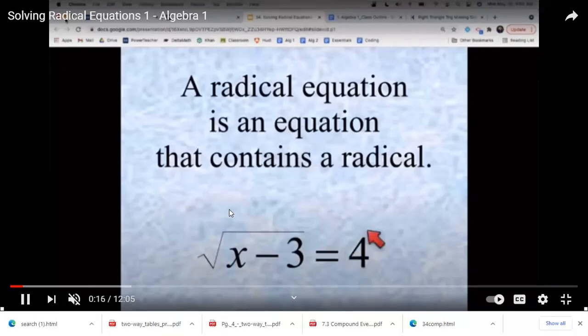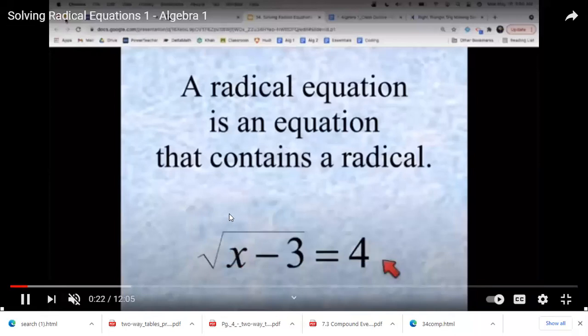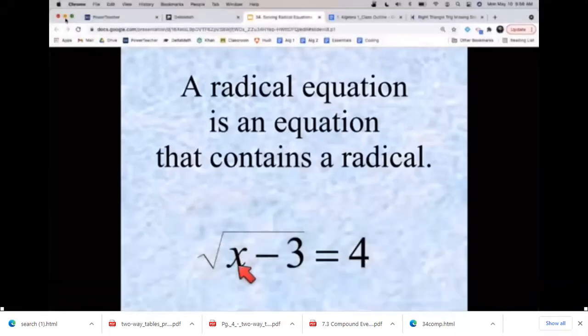Once we have square root of x minus 3 equals 4, someone can say, Mr., x could be 7, it could be 5, but I can say it's 19.